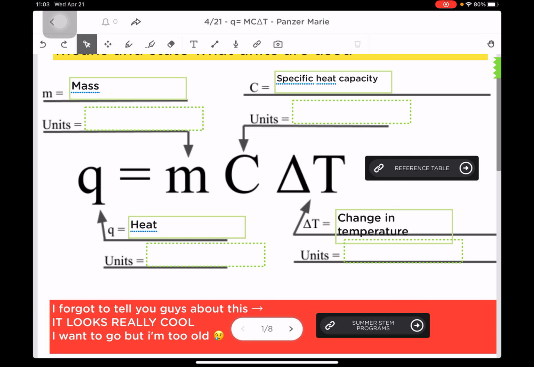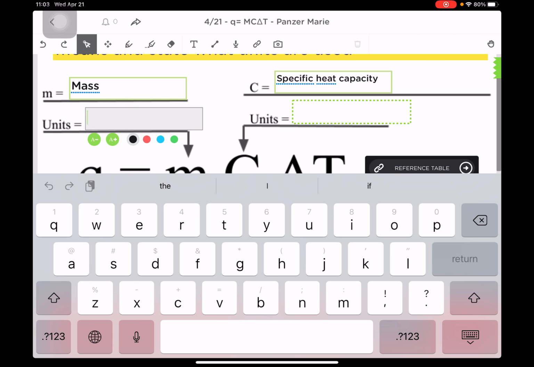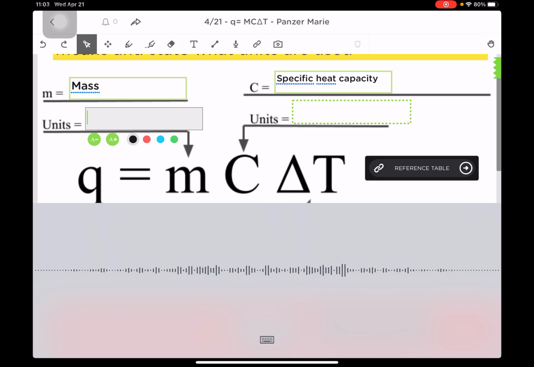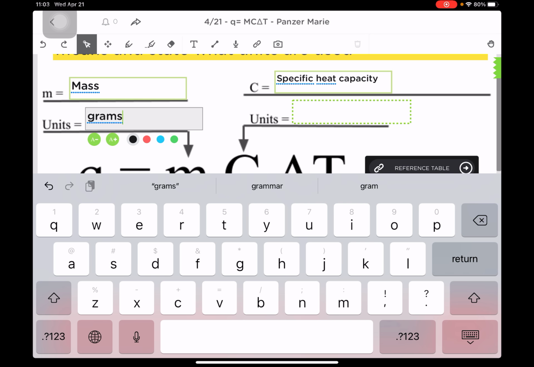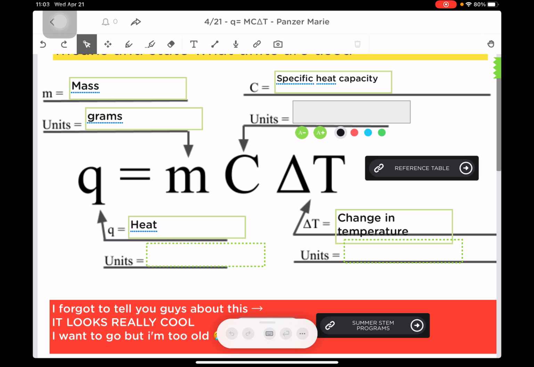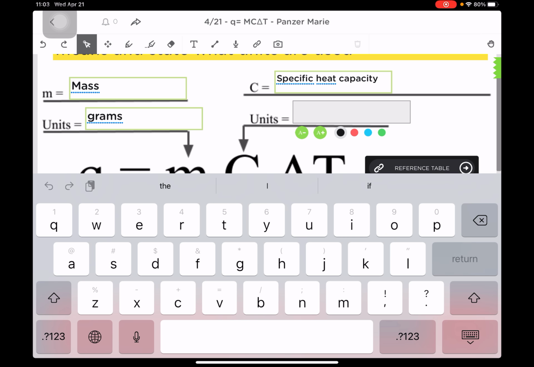Change in temperature. All right, the units that we have been using all year for mass. The specific heat one is kind of weird. It's not just one unit, it's a few units put together. So it's going to be joules per gram Kelvin.